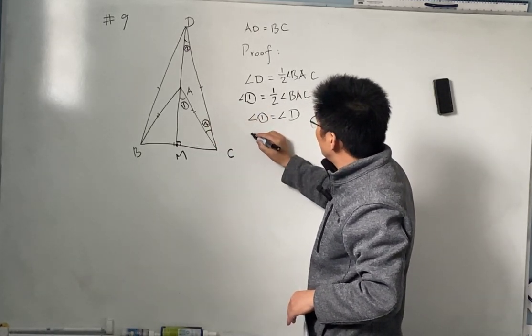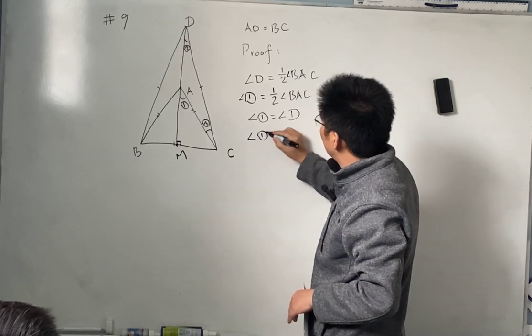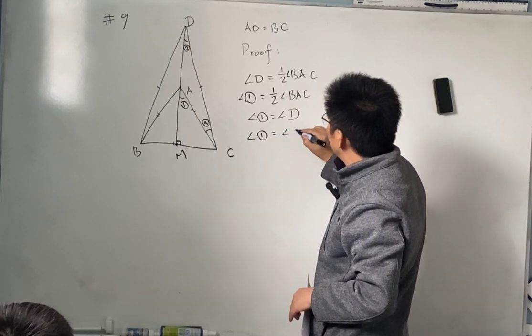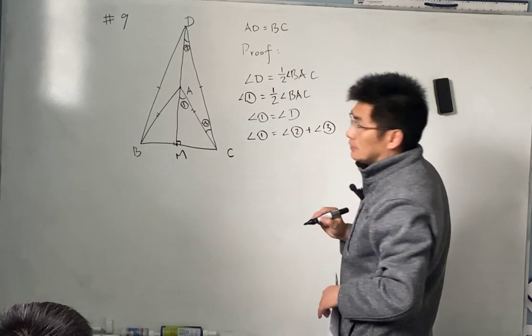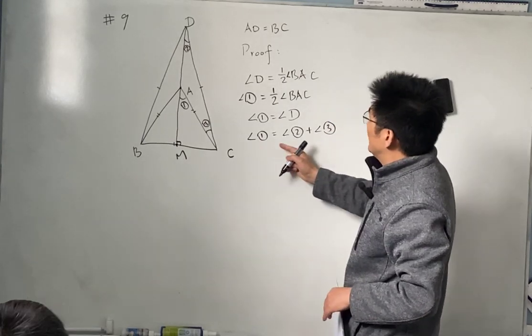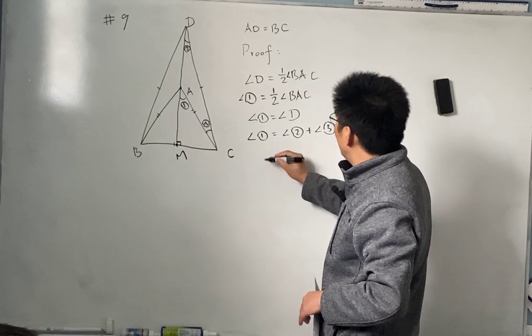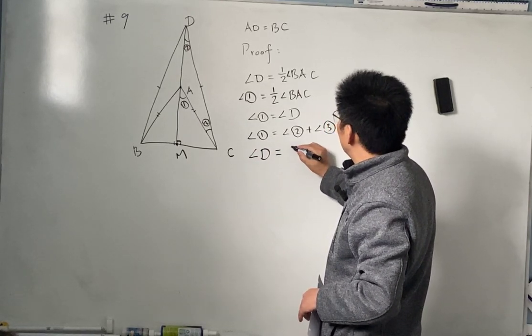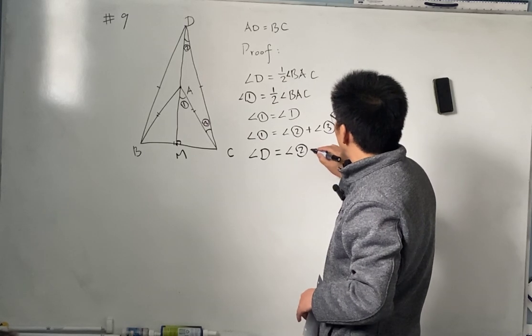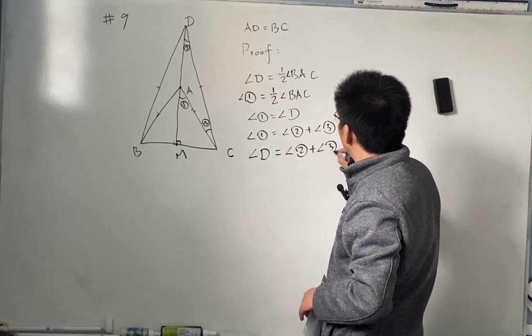Angle 1 equals angle 2 plus angle 3, and that means angle D is also equal to angle 2 plus angle 3.